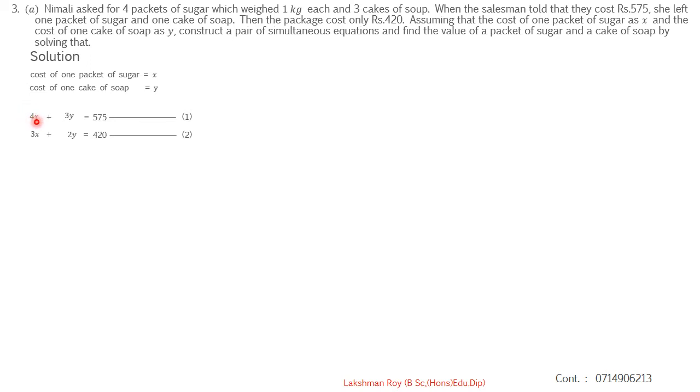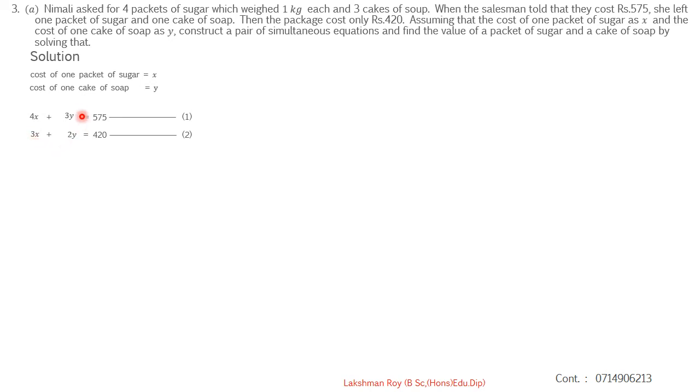So the number in front of the unknown x is 4, here the number in front of x is 3, so that is what we call the coefficient. Without equalizing this coefficient, we can't remove the unknown by adding or subtracting.